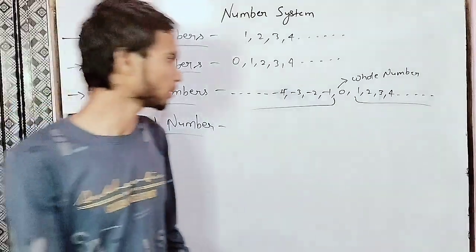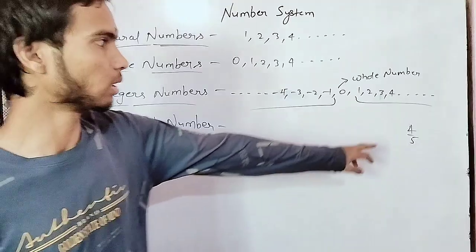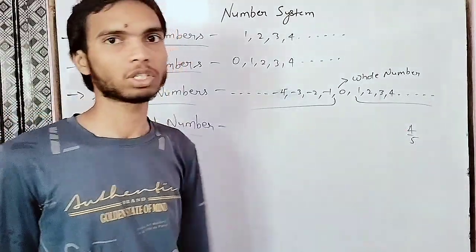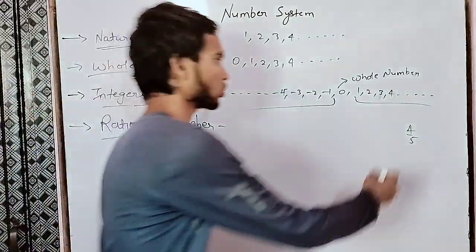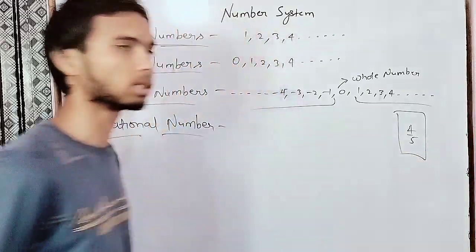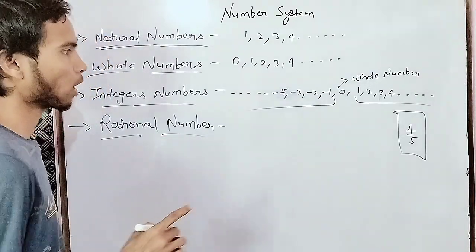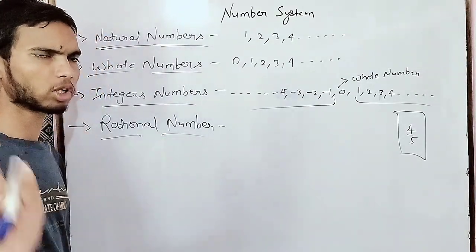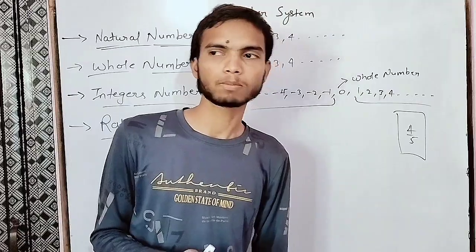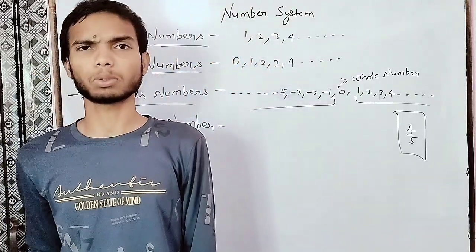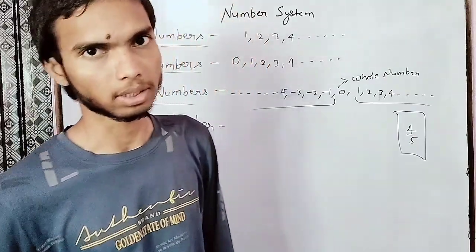For example, 4 by 5. Here 4 is the upper number and 5 is the downward number. So yes, this is a rational number. Now let's understand it by definition. The definition says any number you take should be in the form of P upon Q, where P is an integer and Q is also an integer.